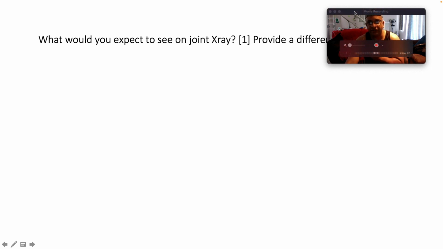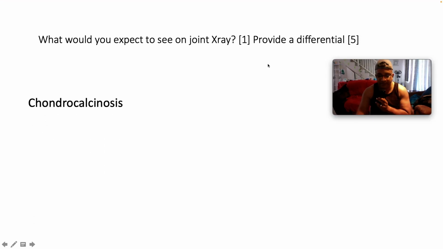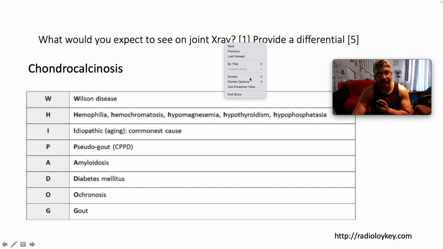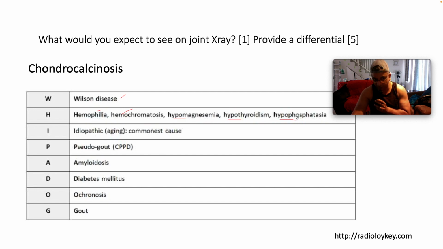Okay, what would you expect to see in a joint X-ray? What we said was chondrocalcinosis, and the differential for this for 5 marks. The acronym here is WHOOP A DOG. W is Wilson's disease. H speaks to hemophilia, hemochromatosis, and all your three hypos: hypomagnesemia, hypothyroidism, hypophosphatasia.